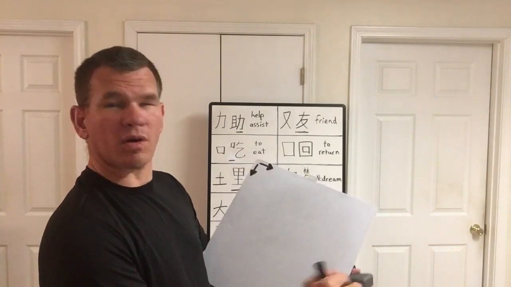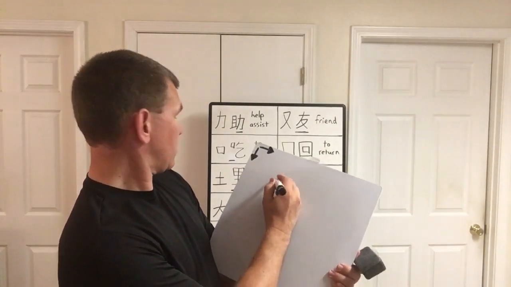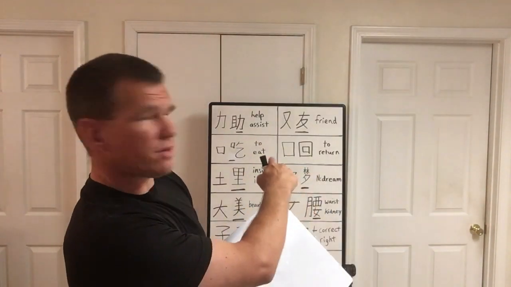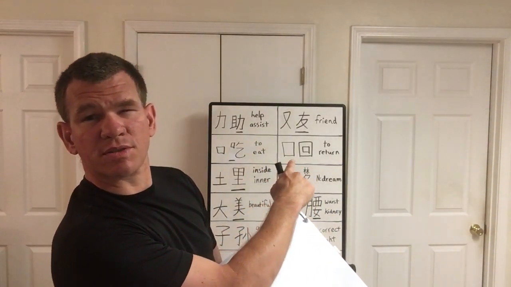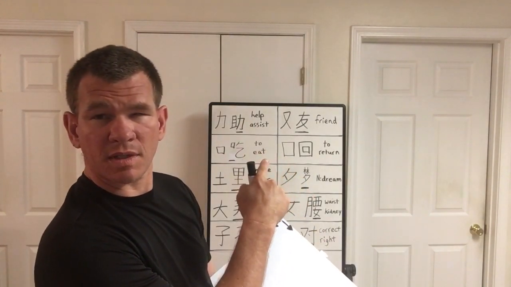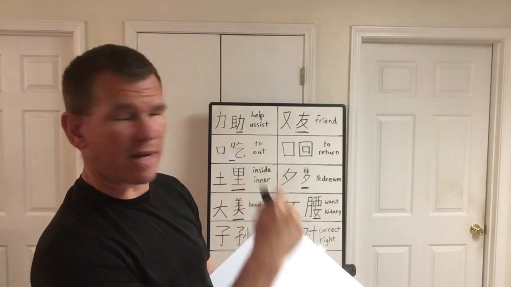Character number 4, enclosure. And it's bigger than the other character. As you can see in the middle there look to be two boxes. The outside one is enclosure, the inside one is mouth.